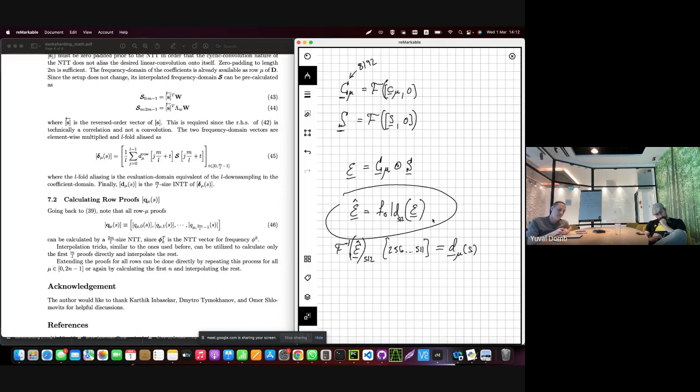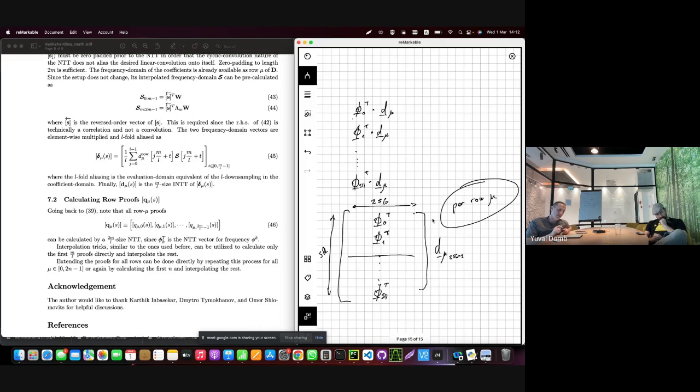So if instead of doing 512 by 512 in the final step, I do 256 by 256 and then interpolate it to get the rest of the structure, it's nearly equivalent to doing a quarter of the work. So this is significant.